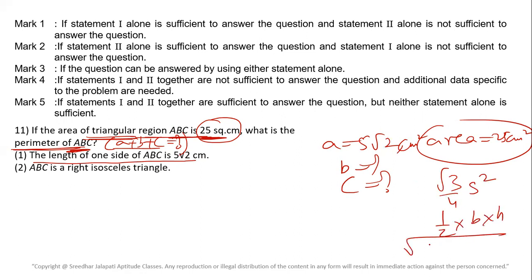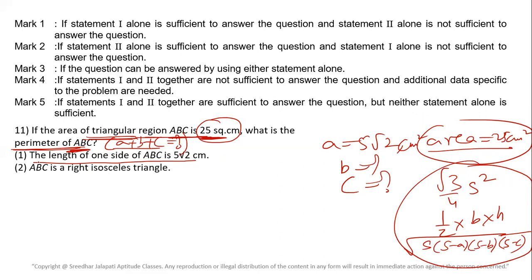If it is a scalene triangle, under root S into S minus A into S minus B into S minus C, where S is the semi perimeter, that is A plus B plus C by 2. Among these many formulas, which one do we have to apply to find the area, unless you know the type of the triangle? So from the first statement, if you know one side and area, you cannot find the other two sides. So when you cannot find the other two sides, you cannot find the perimeter.